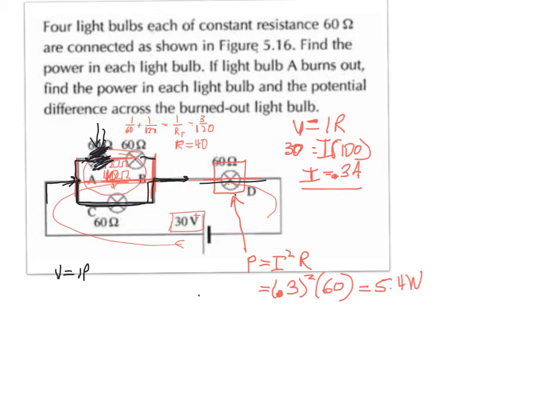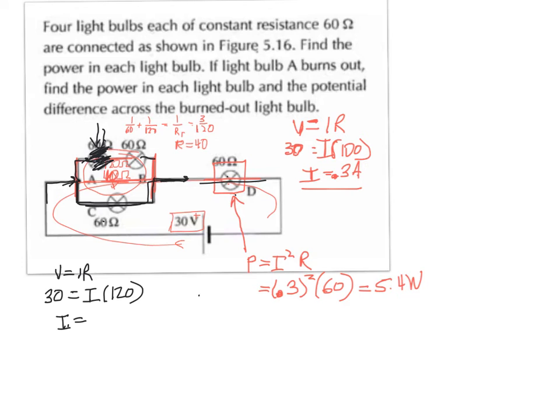The potential for the whole circuit is still 30, my battery is still the same. I can calculate my current because the total resistance is 120 ohms. And so now the current will be different. I'm going to go 30 divided by 120.